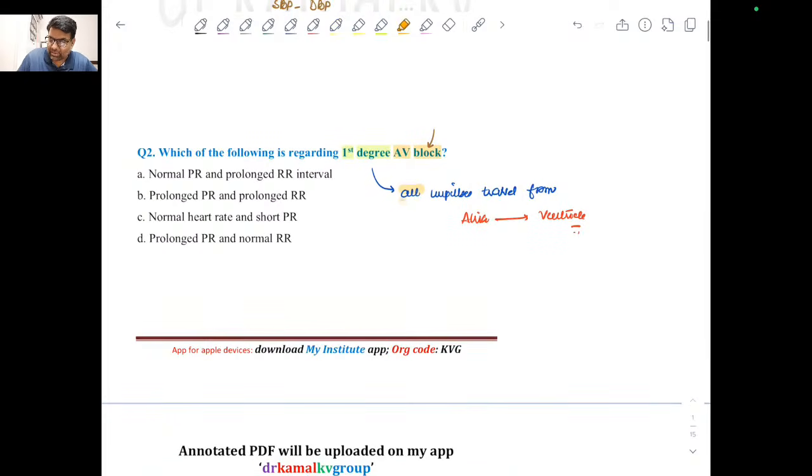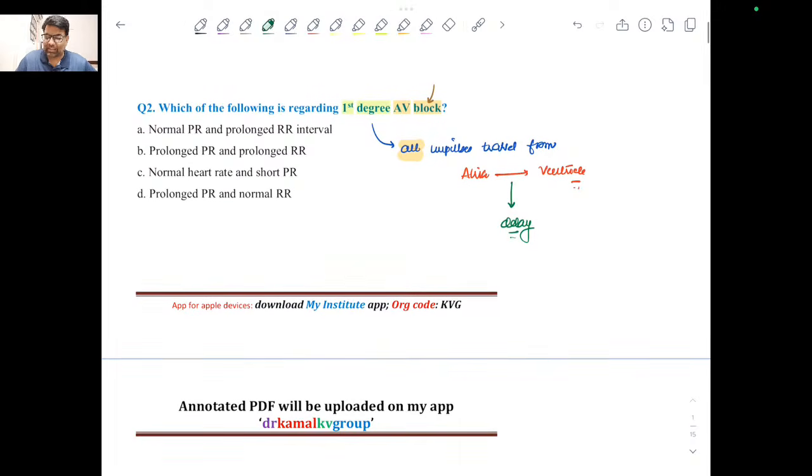Now then you will ask, what is the problem if every impulse is going? The problem is that there is delay. Clear? The problem is there is delay in transmission of those impulses from atria to ventricle, and that is what is known as first degree atrioventricular block.